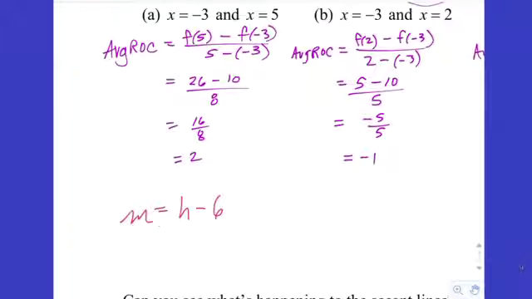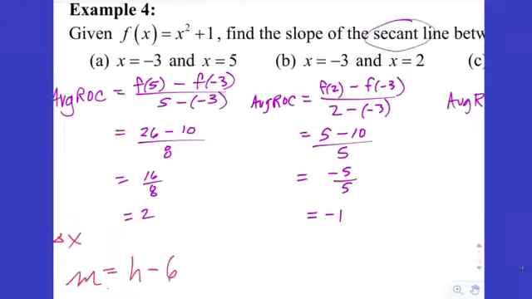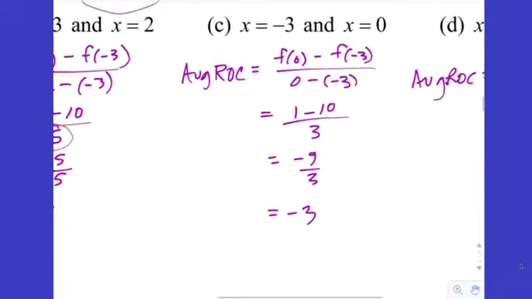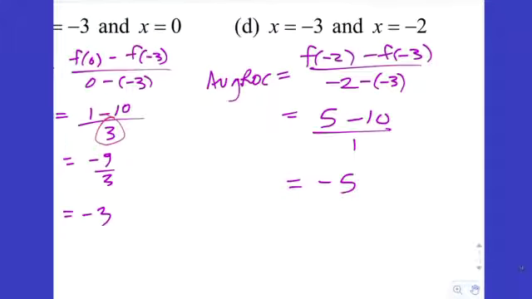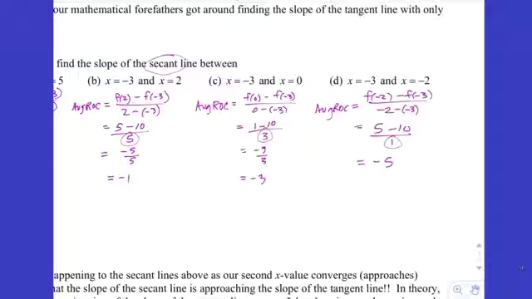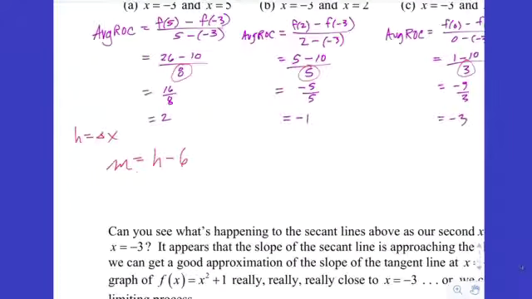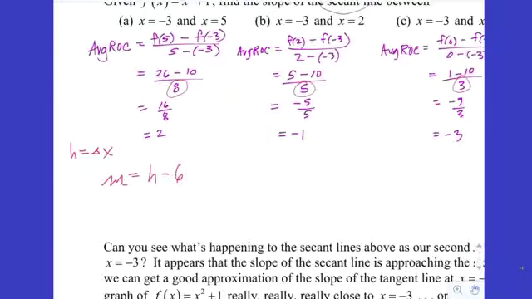So remember, what is h? H is your delta x, right? Well, where is our delta x found in all of these calculations? In the denominator. That's how far apart that second point was from the point of interest. So let's see. On part A, what would be the slope of the secant line between negative 3 and 5?